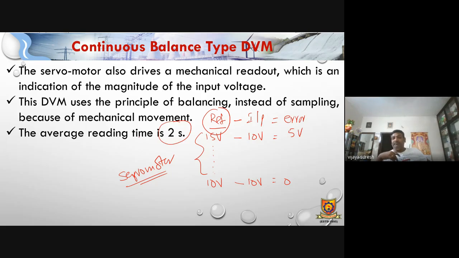Compared with the earlier digital meters, whether a ramp type digital voltmeter, dual slope, or integrating type, those take high speed, whereas here it takes 2 seconds.